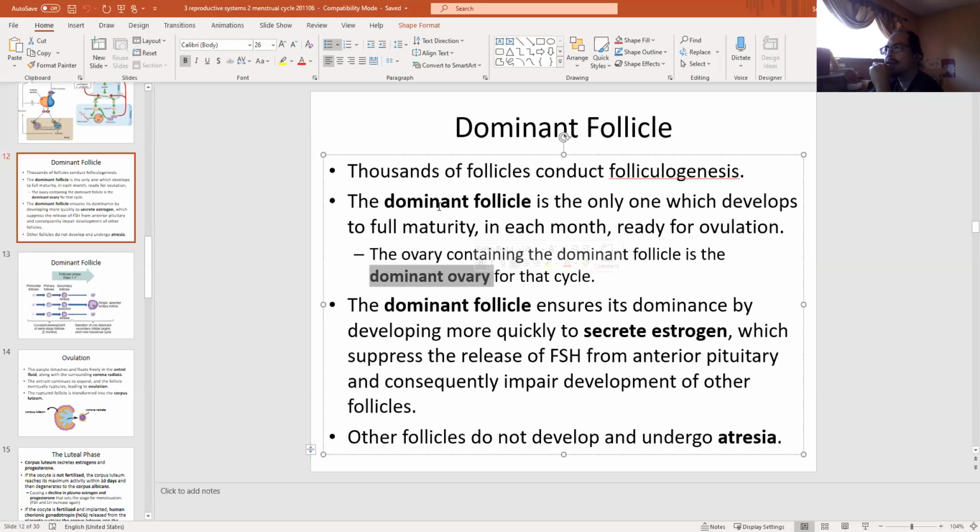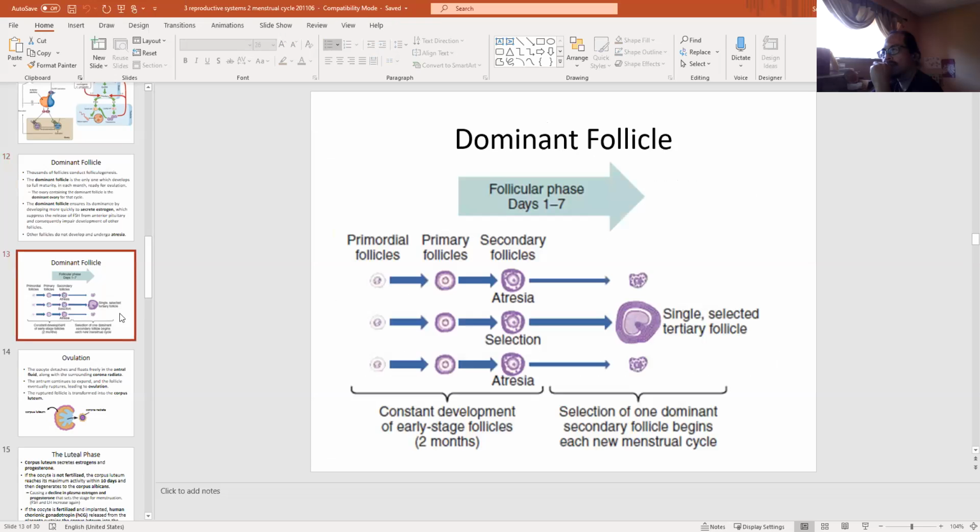So thousands of follicles conduct folliculogenesis. They grow, but only one grows bigger than the others, and because it's bigger, it takes even more energy and even more resources.